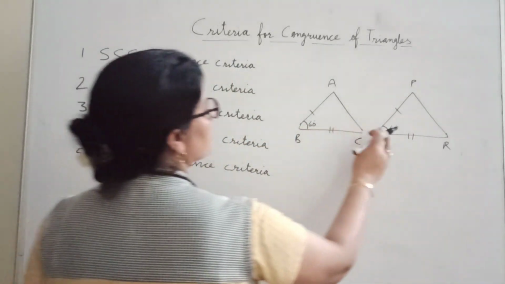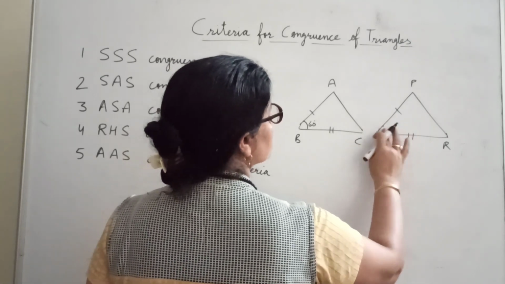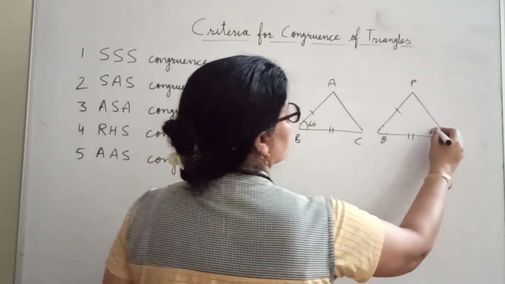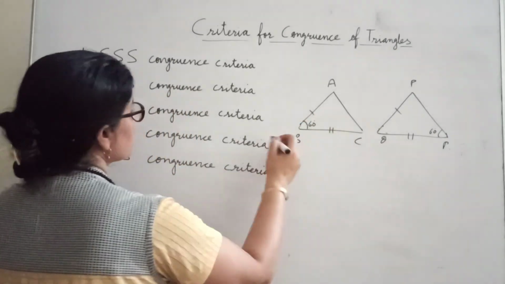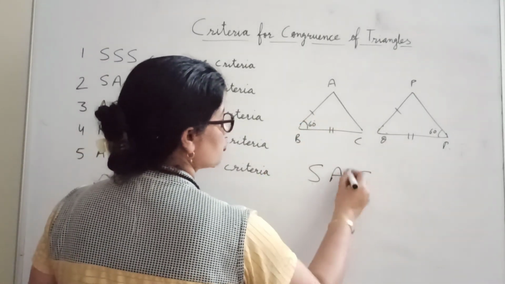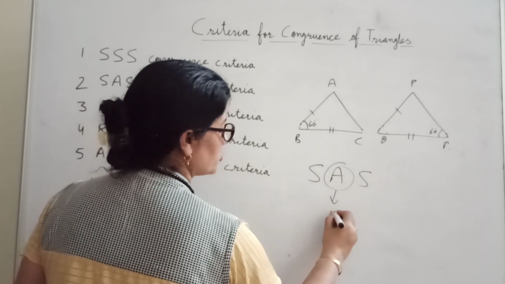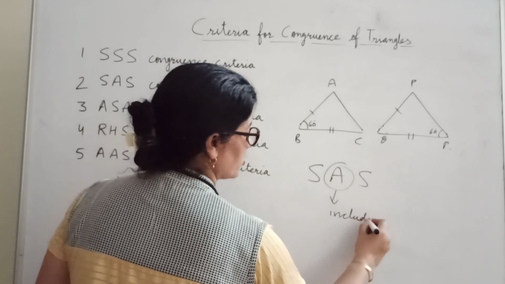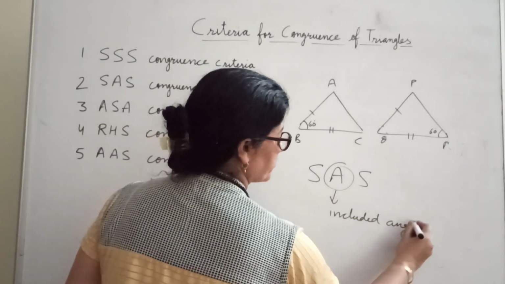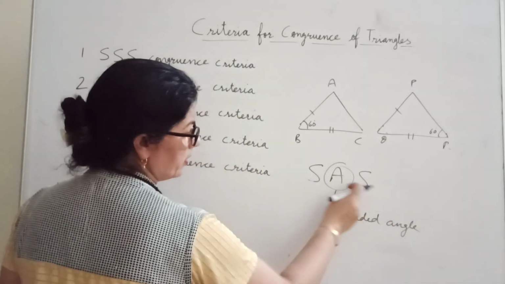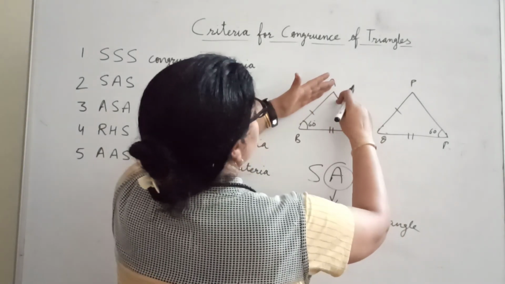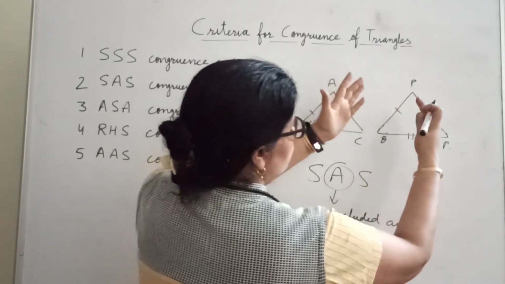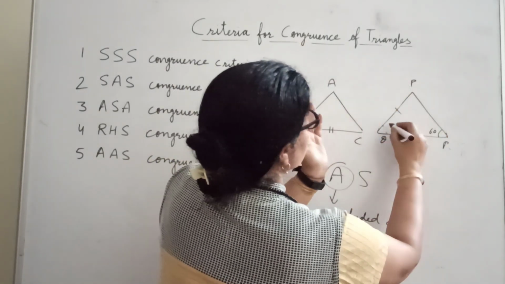Now suppose this angle is 60 degree in place of this one. Then these triangles are not congruent because the condition is that the included angle should be there. Included angle means the angle should be between the sides. If these are the sides, then this angle we will use.